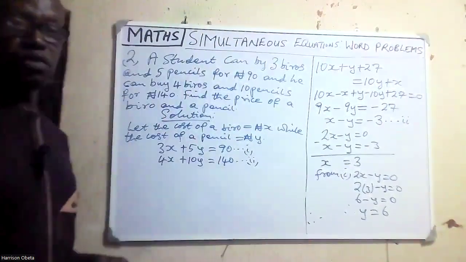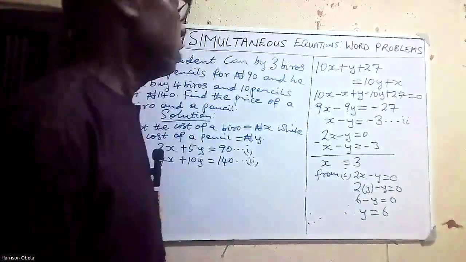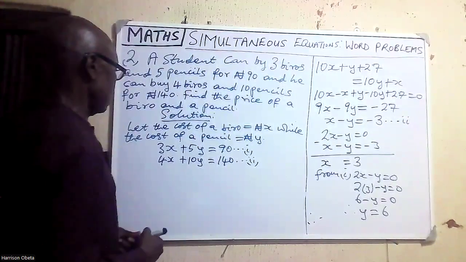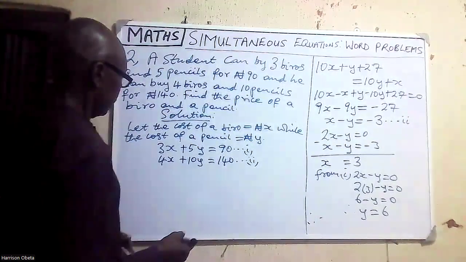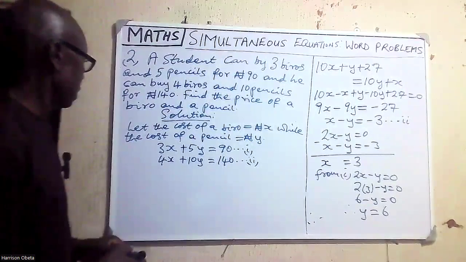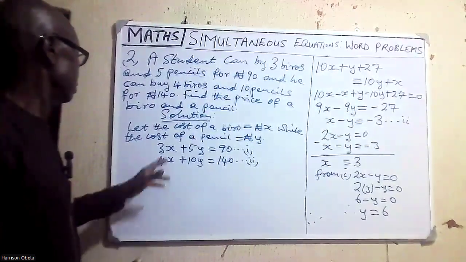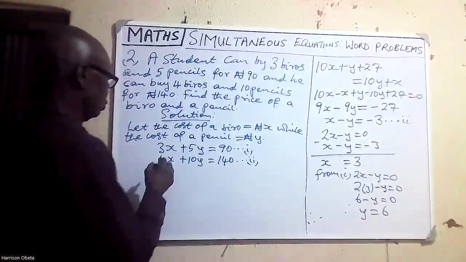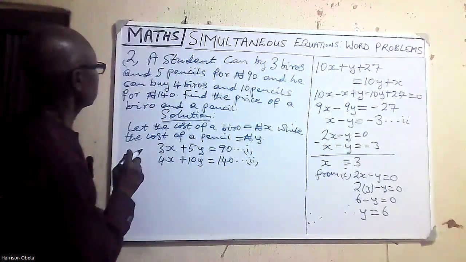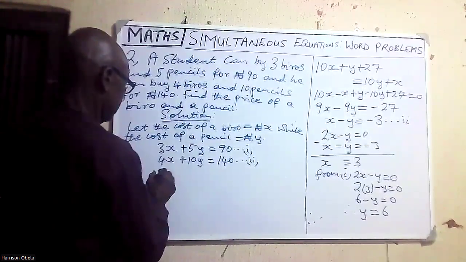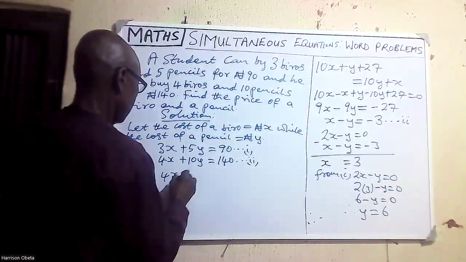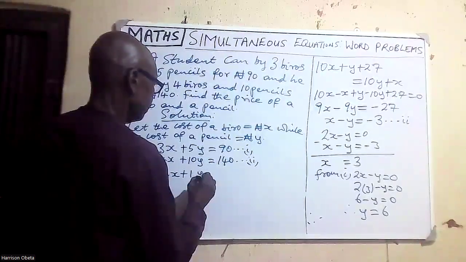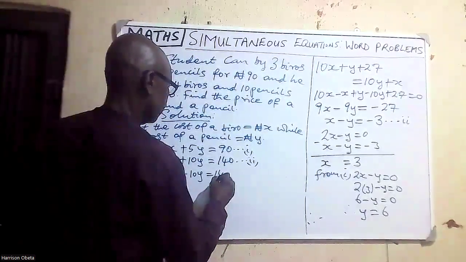So here we simplify to find the values of x and y. And if that is the case, first of all, we can reduce the second equation by dividing through by 2. So in that one, we have 4x plus 10y equal to 140.